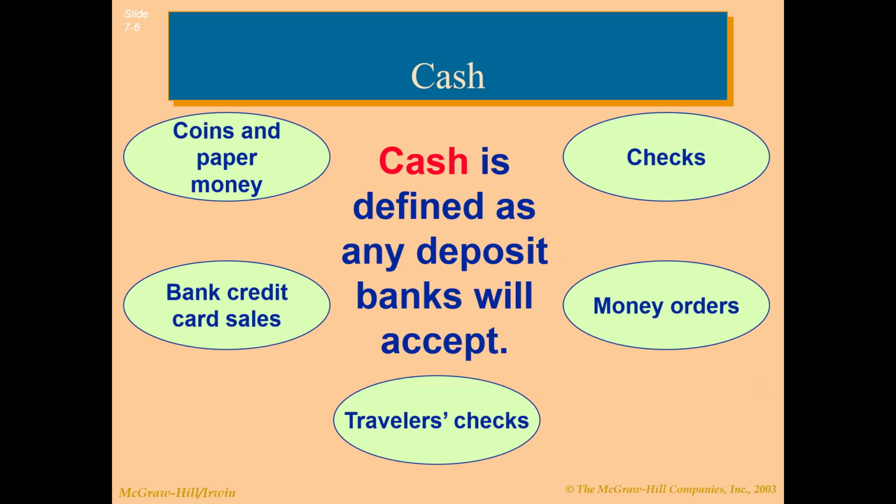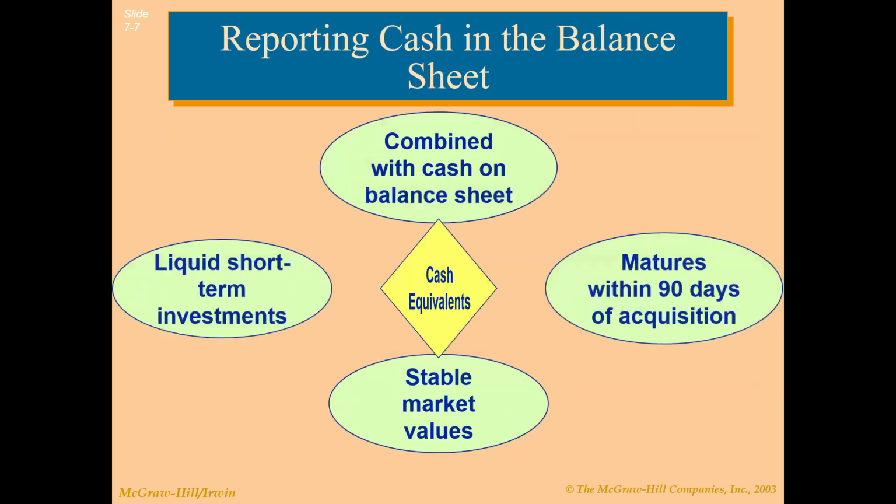Cash is defined as any deposits the bank will accept. It is in the form of checks, or paper money, or it may come from traveler's checks, bank credit card sales, money orders, pay orders, and so on.